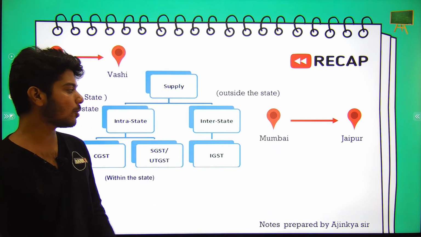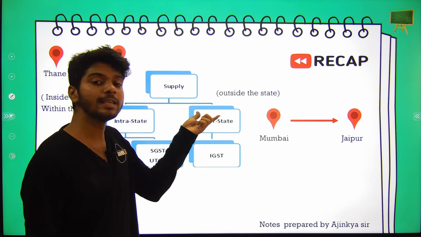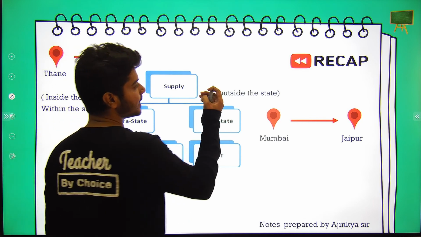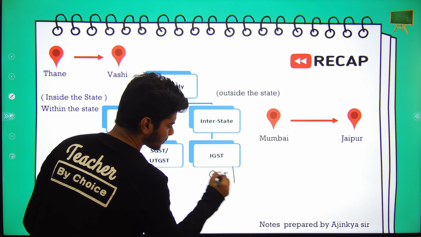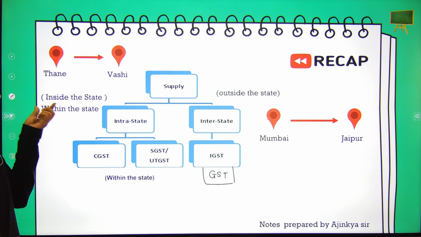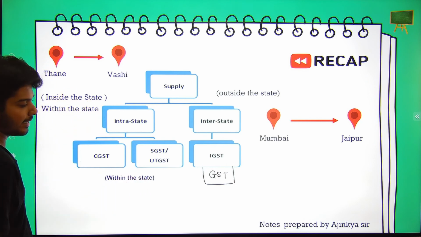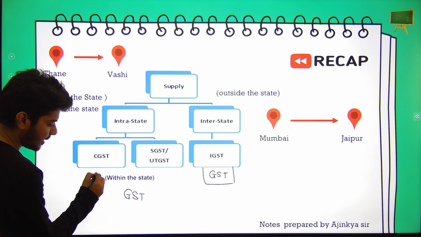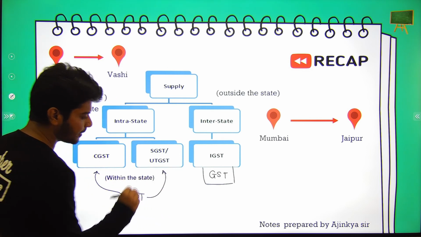Okay, so this is called interstate. In case of interstate, you calculate IGST. Your GST percentage will be equal to IGST. But in case of intrastate, meaning within the state, GST will be distributed like this: CGST and SGST, and UTGST.